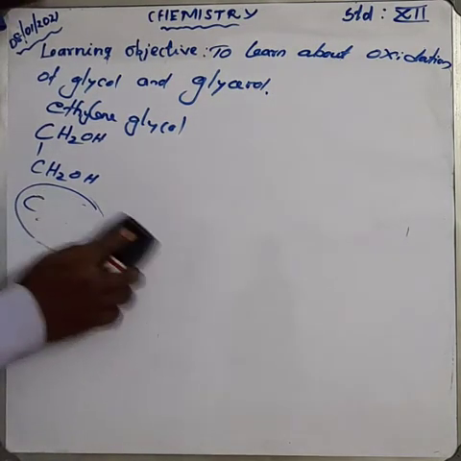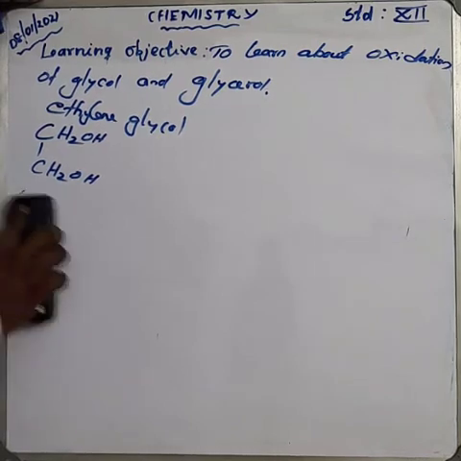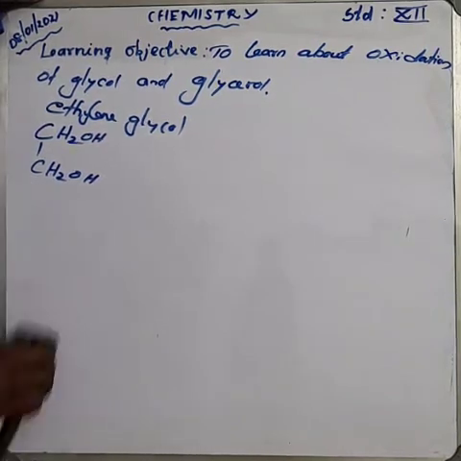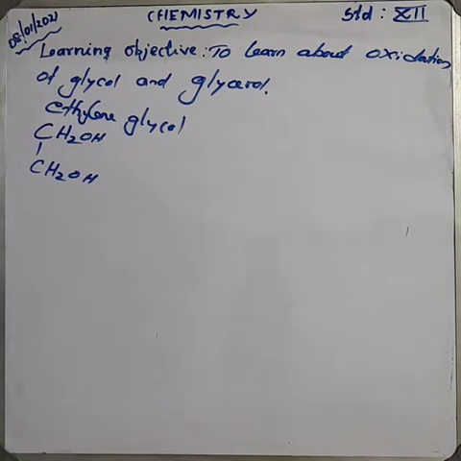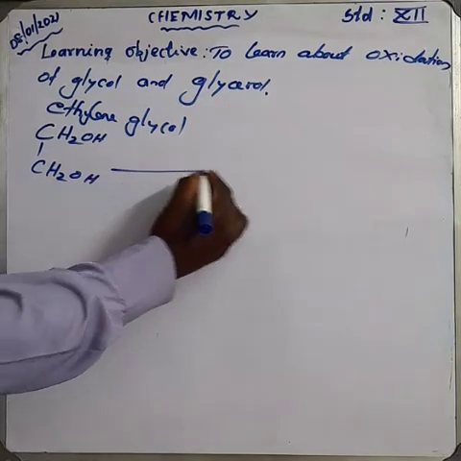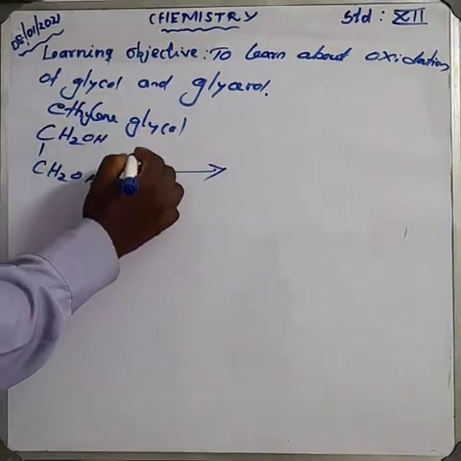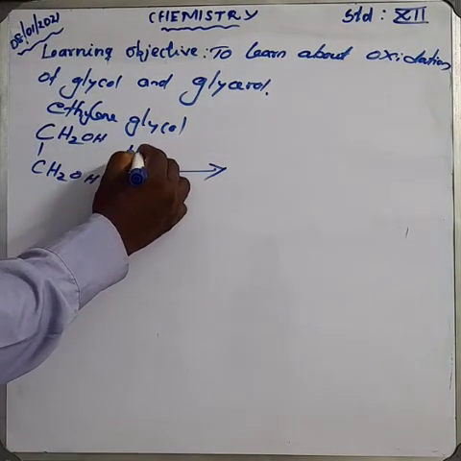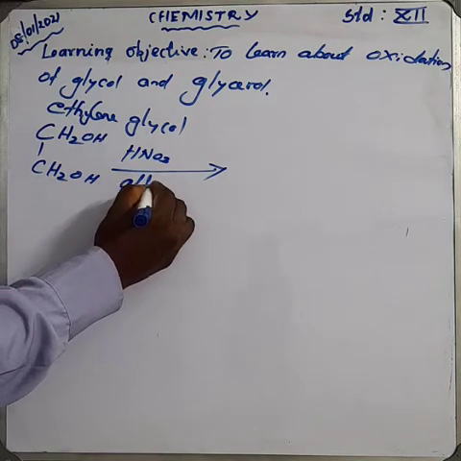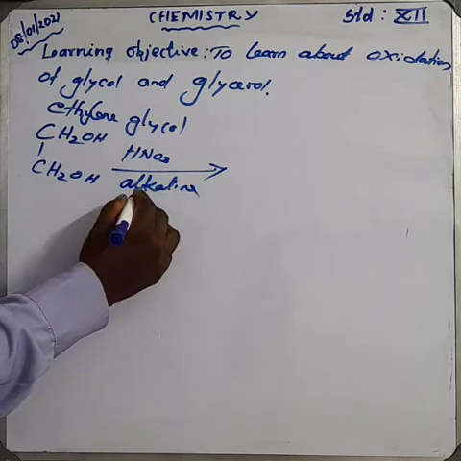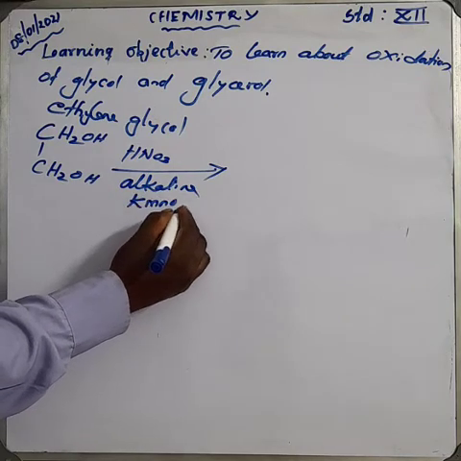This undergoes oxidation with nitric acid or alkaline potassium permanganate. We are using one of an oxidizing agent. Which oxidizing agent we are using here is nitric acid, that means HNO3, and also alkaline potassium permanganate.